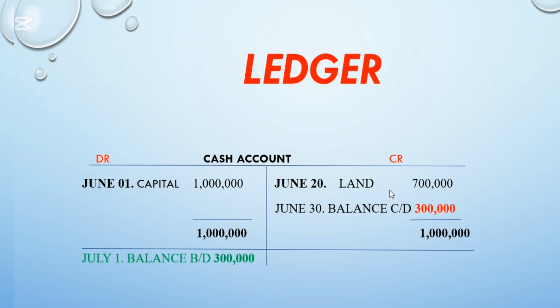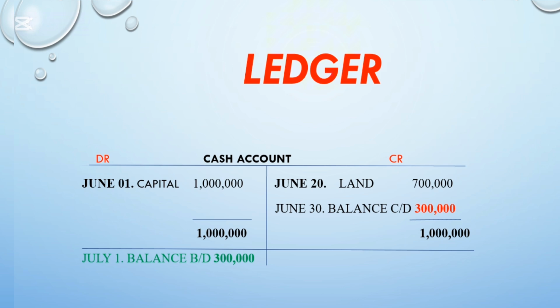When it is like this, you need to balance the account, especially by finding the balance carried down. So what does this mean? Balance carried down is found at the end of every month. Every professional accountant should balance accounts at the end of every month.